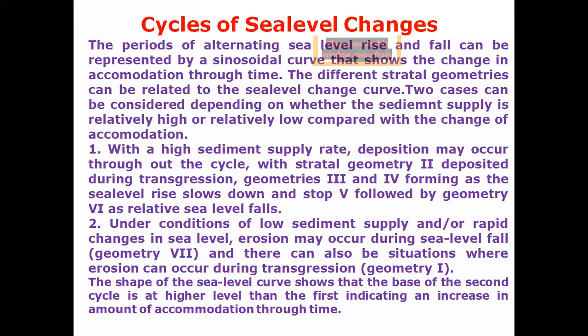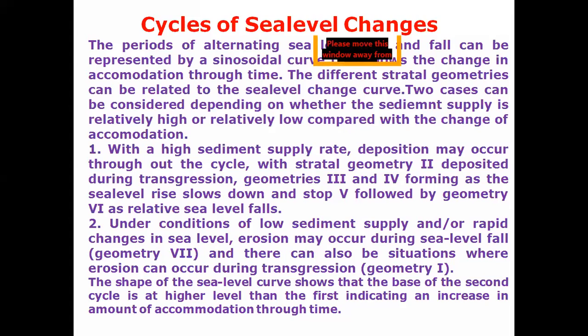These 1, 2, 3, 4, 5, 6 we have seen in the previous figure, where you can see the sea level rise and fall in the rightward and leftward directions, and in the central part, the stratal positions in different scenarios.